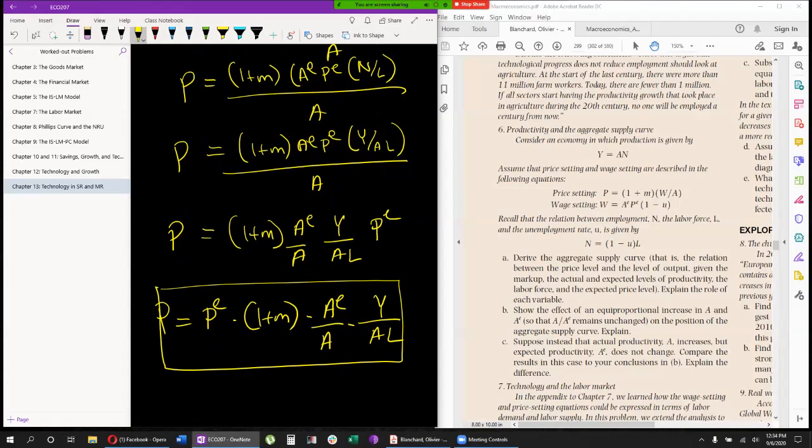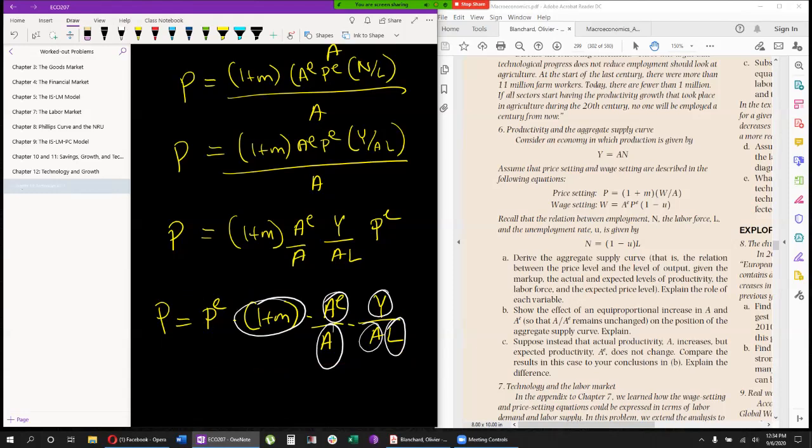So if you read the question, the relation between price level, level of output, that's right here, given the markup right here, actual and expected level of productivity here and here, the labor force right here, and expected price. And this is of course here. So this is exactly what the question wanted us to find.